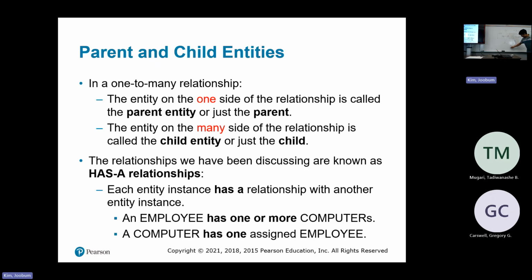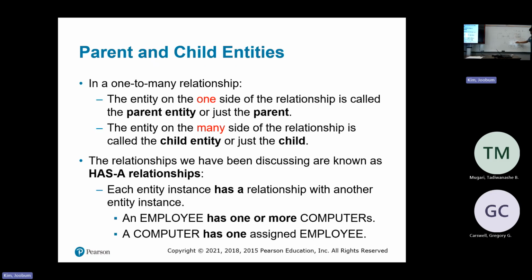Vice versa, there is another relationship, the is-a relationship. That is related to object-oriented programming languages, especially inheritance. Later, if we take the OOP course, we'll learn about inheritance and polymorphism, something like that.